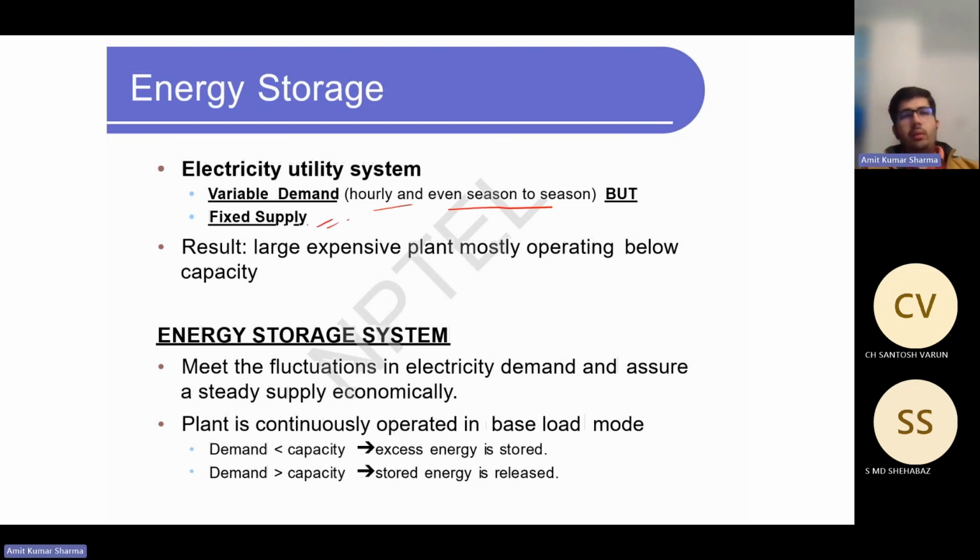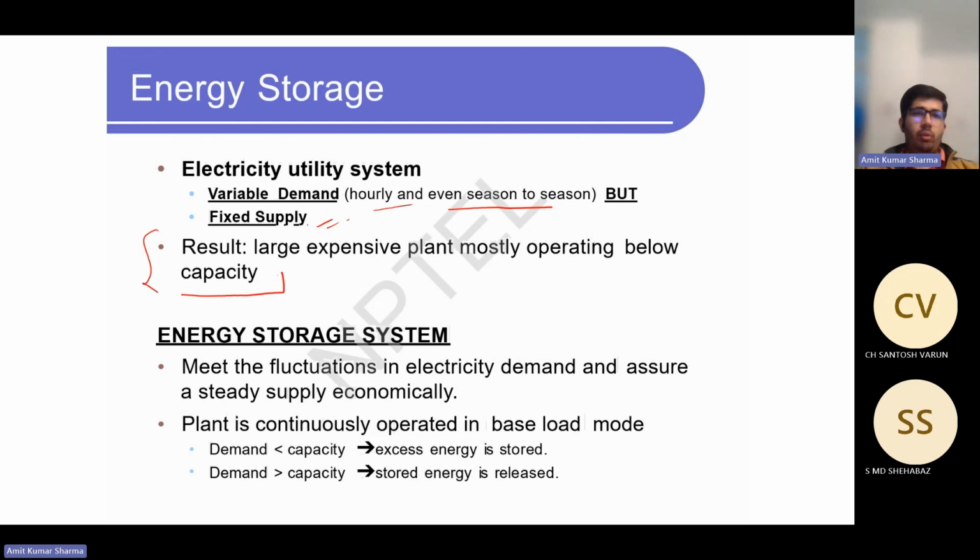The result is a large expensive plant mostly operating at low capacity. That's why, because the demand is variable but we have a fixed supply system. So a large expensive plant mostly operates below capacity. Like, we can generate more power, but we are not working on that power, then it will not be cost effective.